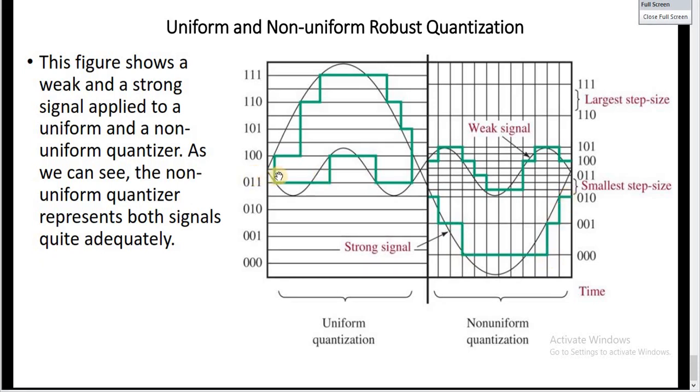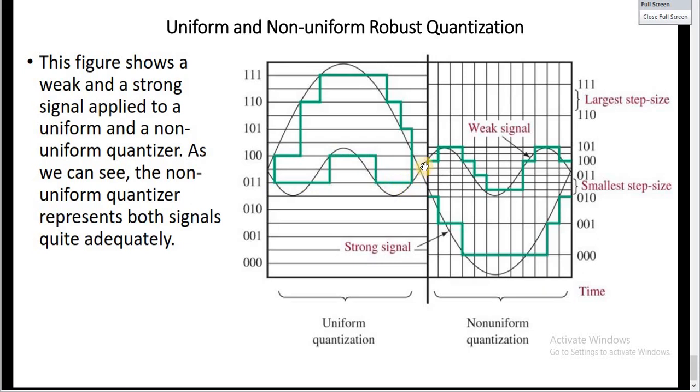If a weak signal is applied to the uniform quantizer, the signal is poorly represented and the amount of distortion is high. So the signal to quantization noise ratio is low.